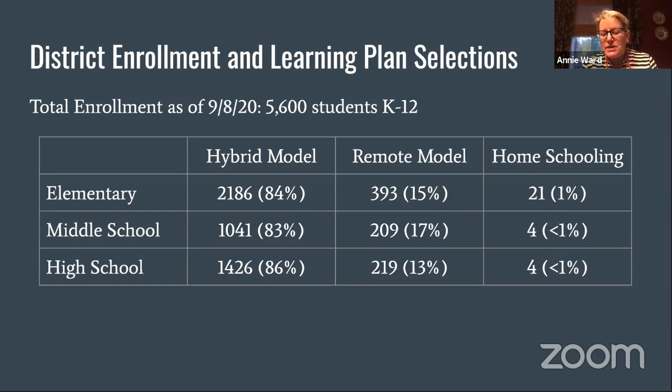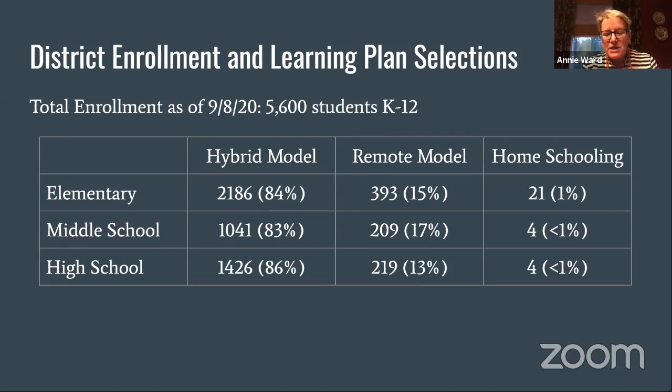And so you can see the numbers there. And those numbers, in fact, are growing. We're in the process right now of reconciling, really going child by child, school by school, to make sure we've accounted for every single child in the system, whether they are enrolled with us in a hybrid or remote, or whether the parents or caregivers, guardians have taken responsibility for homeschooling. So you can just see these percentages.